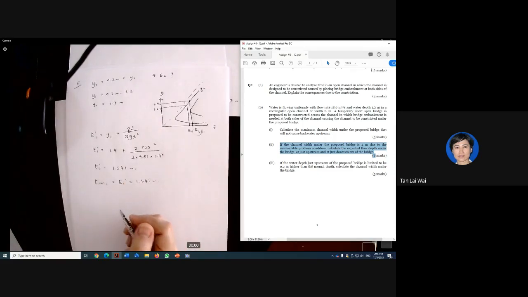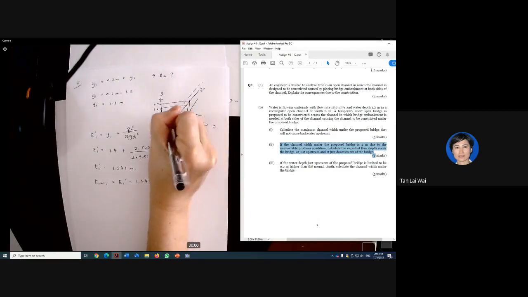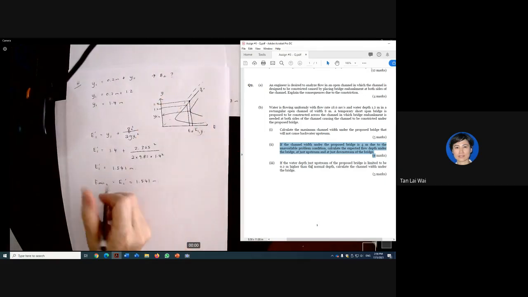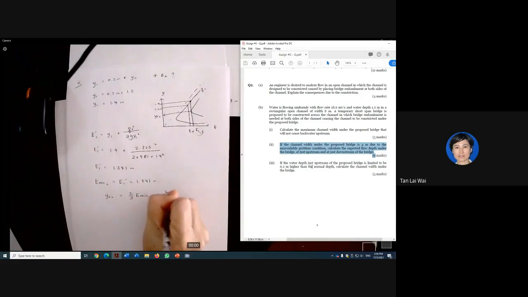So therefore, once I have E min, can I get YC? Yes, I could get my YC2. YC2 is actually 2 over 3 of E min 2, which is 2 over 3 times 1.541.